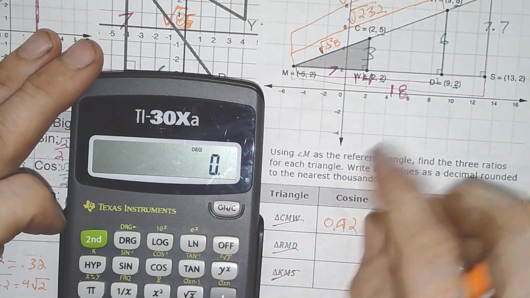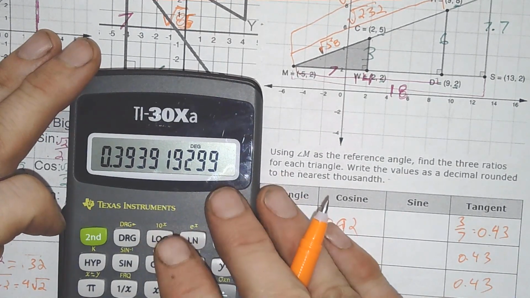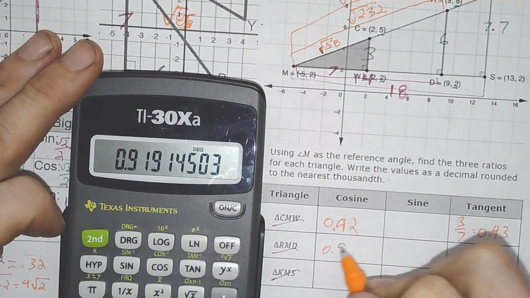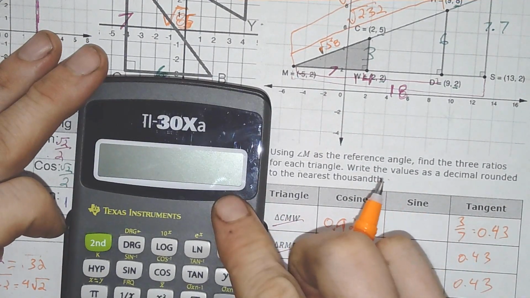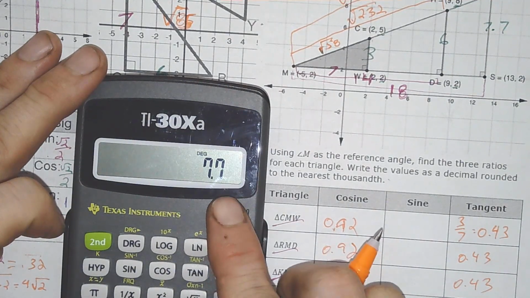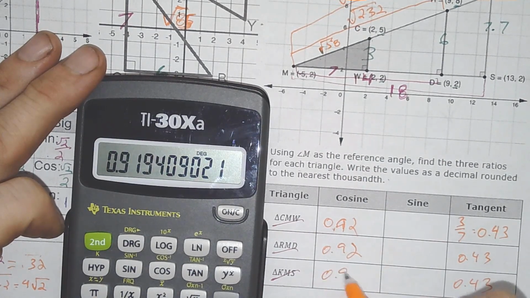And these will all be 0.92. 14 divided by the square root of 232 equals 0.92, and then 18 divided by the square root of 383.29 equals 0.92.